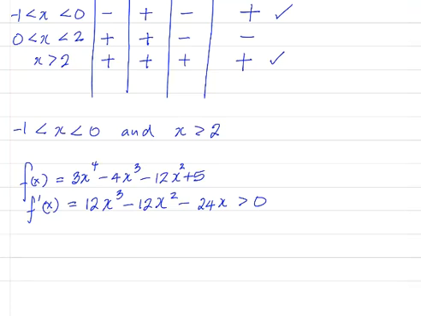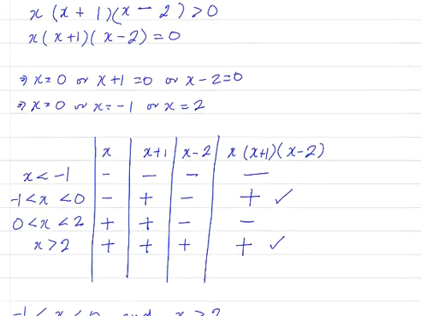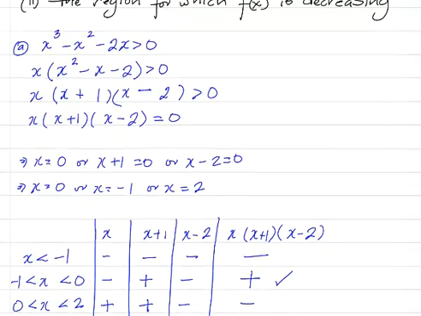If I divide the entire equation by 12, I'm going to get x cubed minus x squared minus 2x is greater than 0. Let us see if that fits.